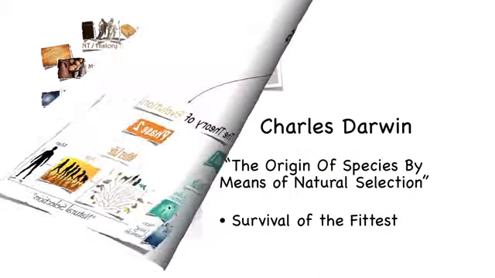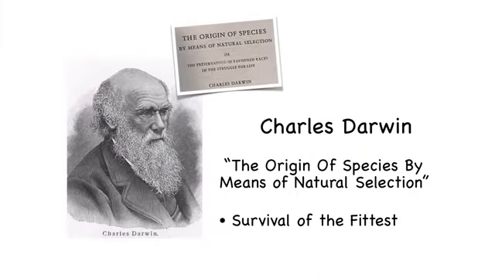This theory of evolution, as you likely know, came about as a result of this man, Charles Darwin, who back in 1859 developed a theory and published it in a book called The Origin of Species by Means of Natural Selection. Darwinism's impact on the scientific community and our culture is still felt today, over 150 years later.